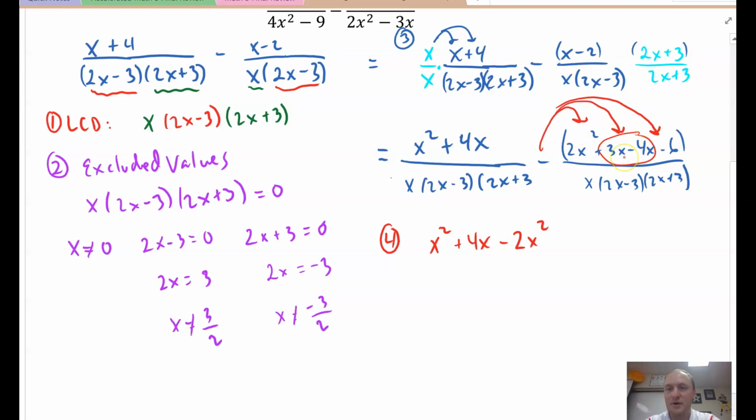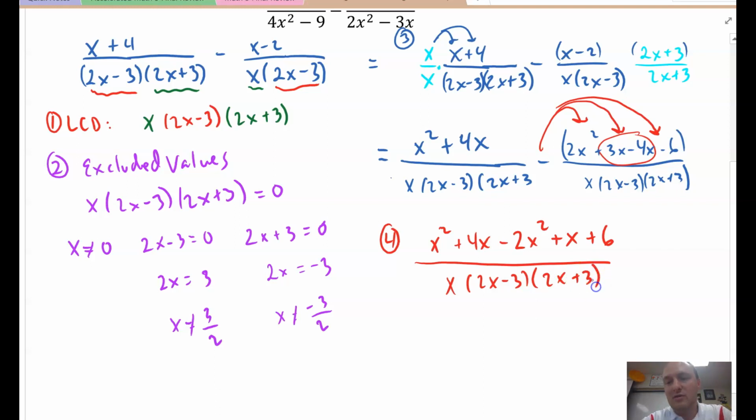Positive 3x and negative 4x make a negative x, but with that negative, it becomes a positive x. And then we have a positive 6, all over x times 2x minus 3 times 2x plus 3.